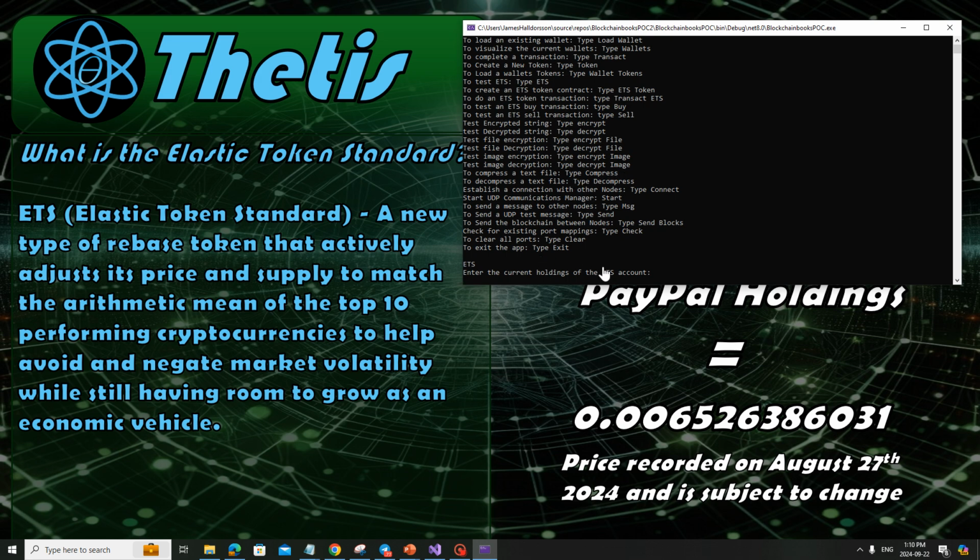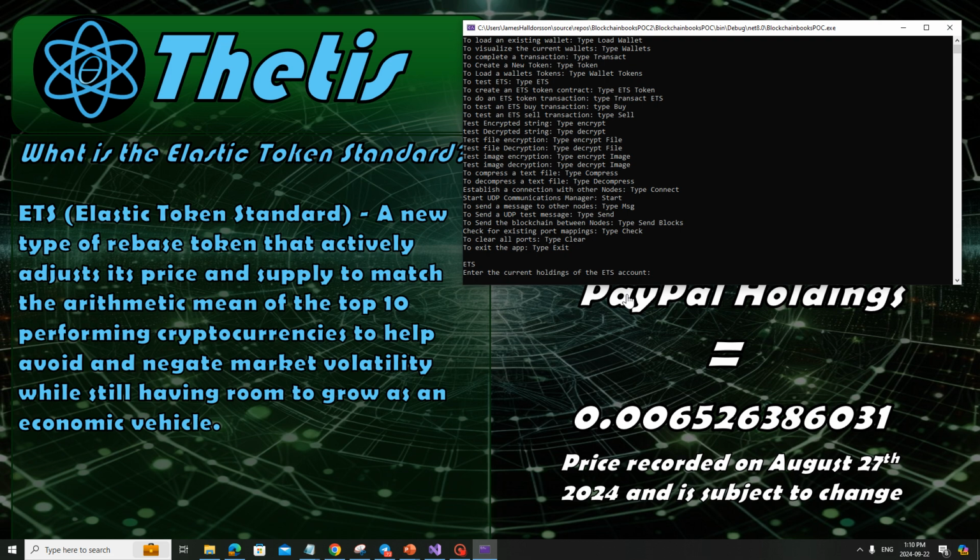Now, that's the difference with the ETS token, is that there is no centralized exchange. It is the centralized exchange. There's a PayPal holdings account that rationalizes all the liquidity for the token. Most tokens only have 20-30% liquidity because that's how much is held by exchanges that are able to facilitate that transaction through brokerage.